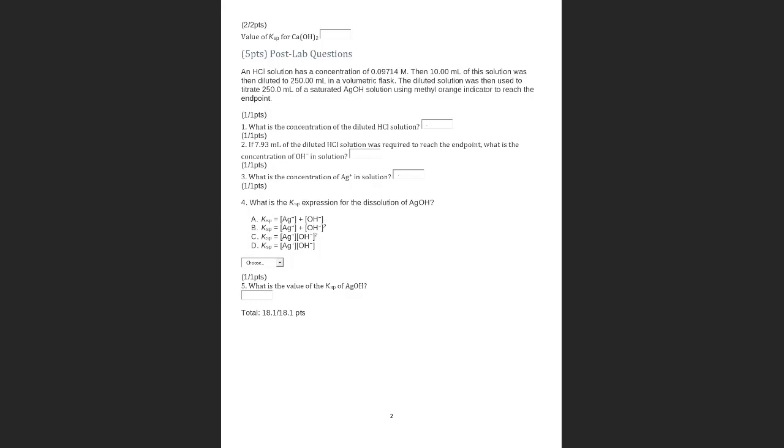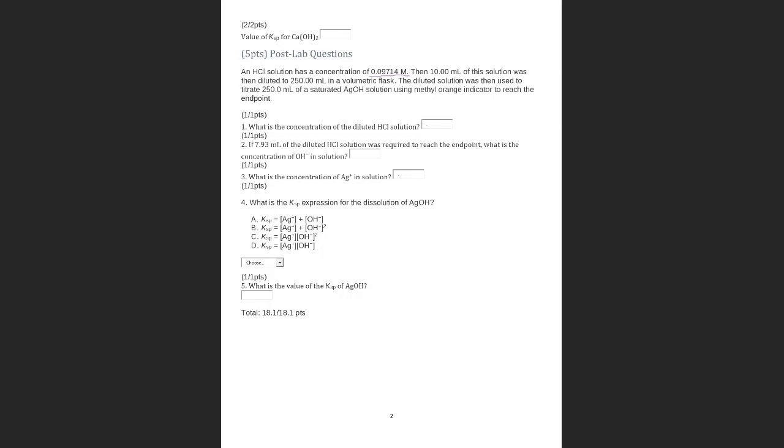Let's read the first question. It says a hydrochloric acid solution has a concentration of 0.09714 molar. So they are giving the concentration of the titrant.